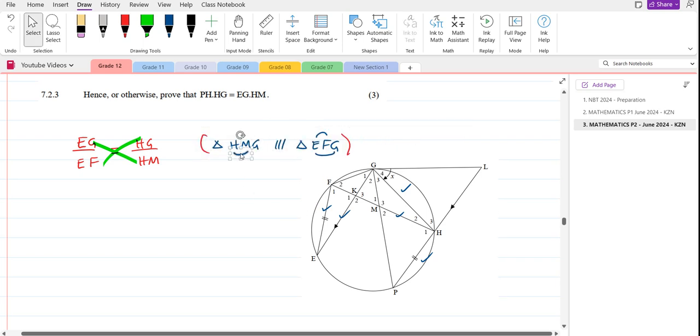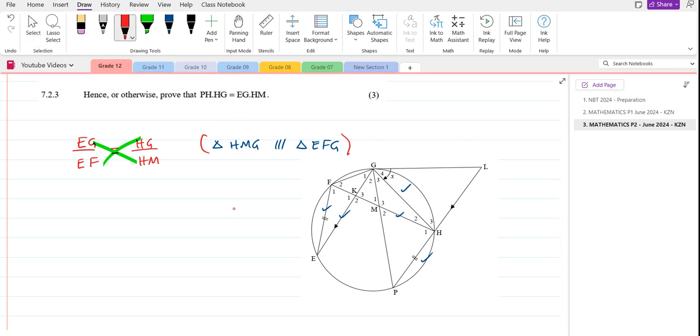Let's take all this out here. So your reason is this, or sometimes just write similar triangles. You can just write this as a reason. Anyways, continuing here, EG, HM, we need it on that side. EG times HM, and on this side we need EF times HG.